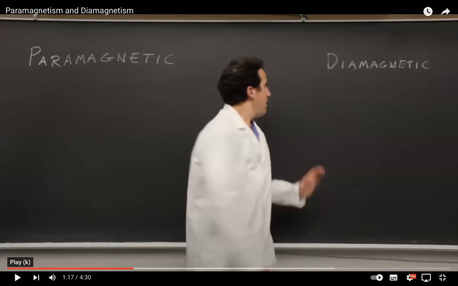The materials which are getting attracted are called paramagnetic substances. The materials which are repelling are called diamagnetic substances. Why is this happening? It has something to do with the atomic structure of that particular element.